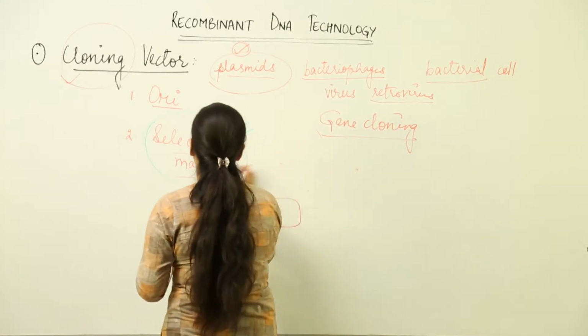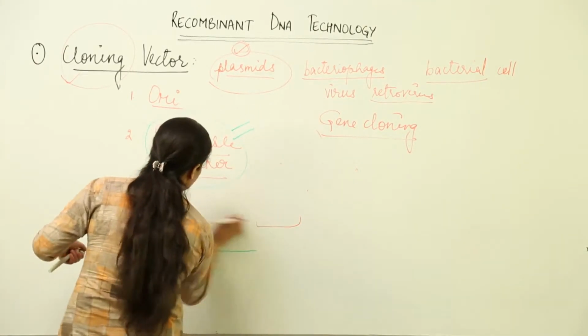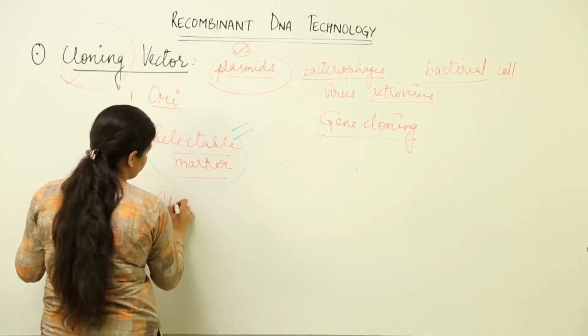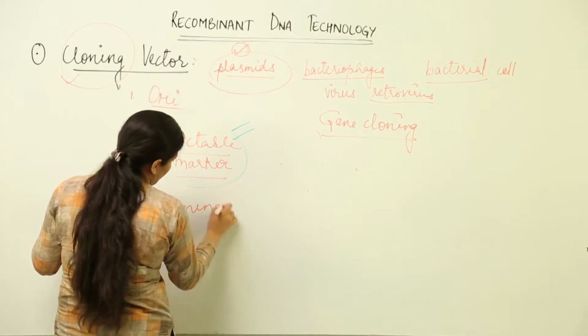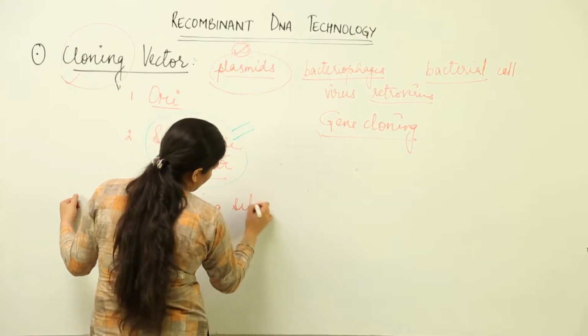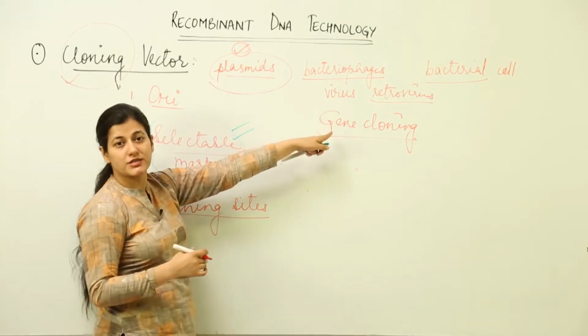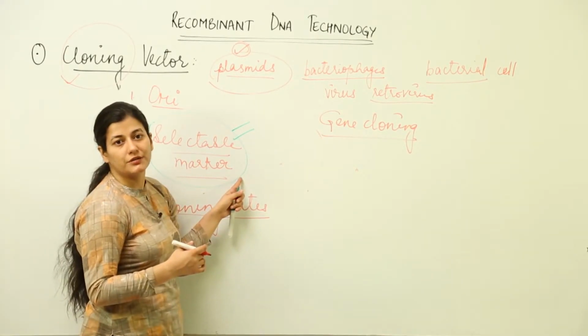And the last characteristic is cloning sites. Third characteristic that a vector must have is the cloning site. Now, these cloning sites are the sites where you have to put your gene of interest or the selectable marker gene. Okay.